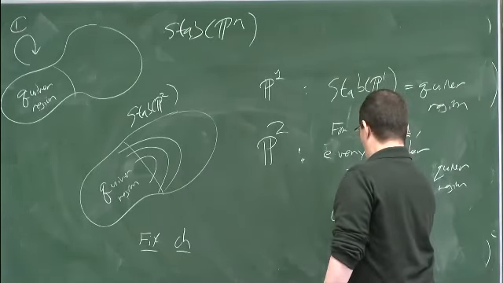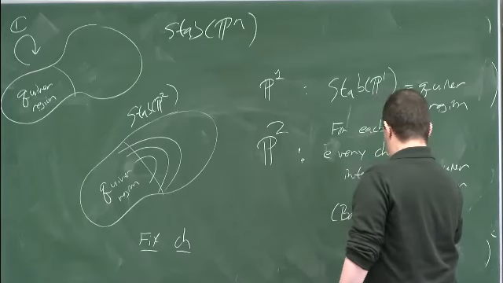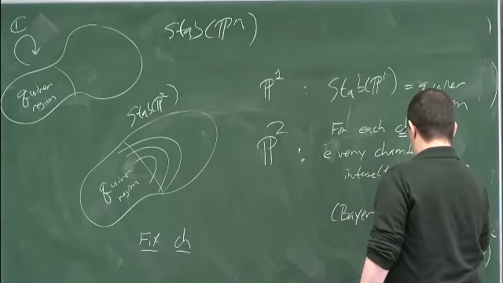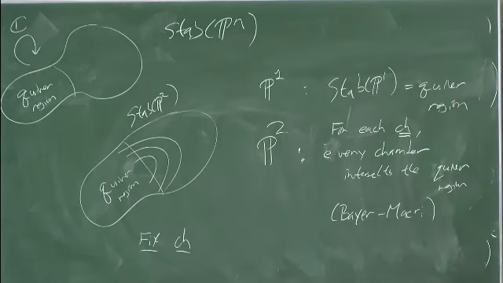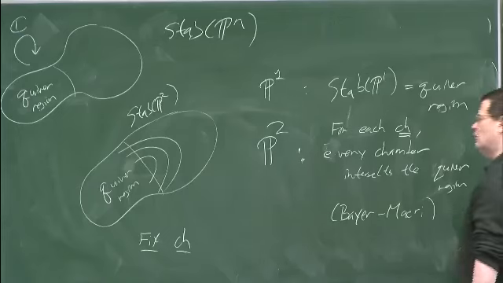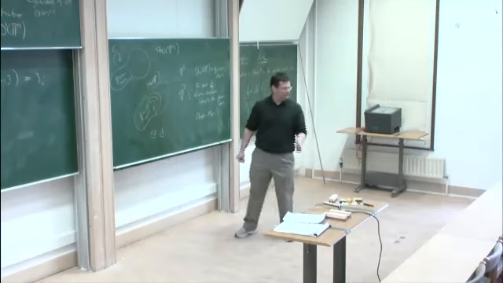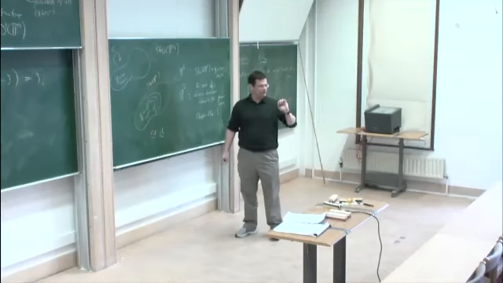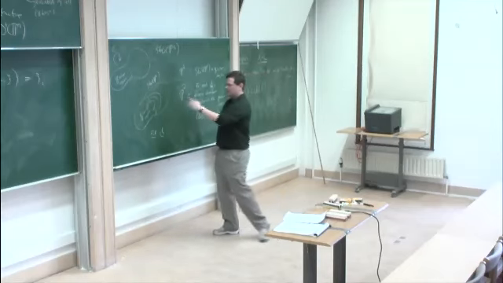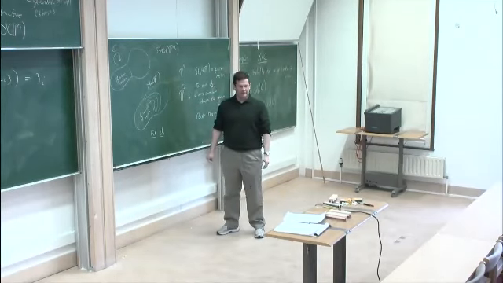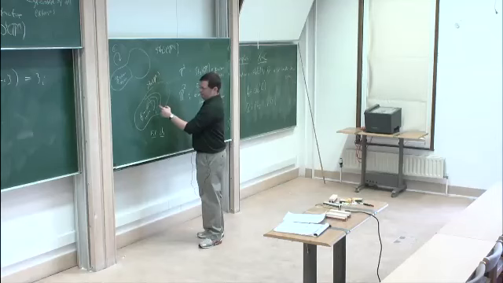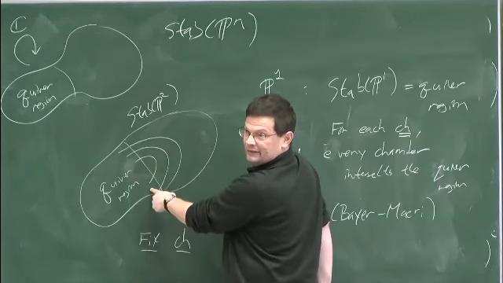This is a paper by Bayer and Macri. It's on the local P2, but I think this is true also for P2, which means that if you're only interested in moduli spaces of Bridgeland-stable objects, then in particular you know that they're all projective.